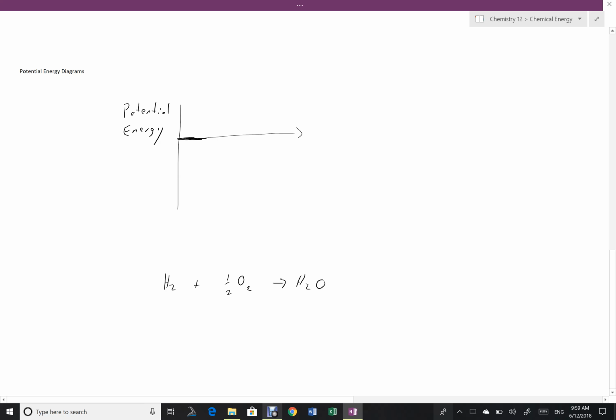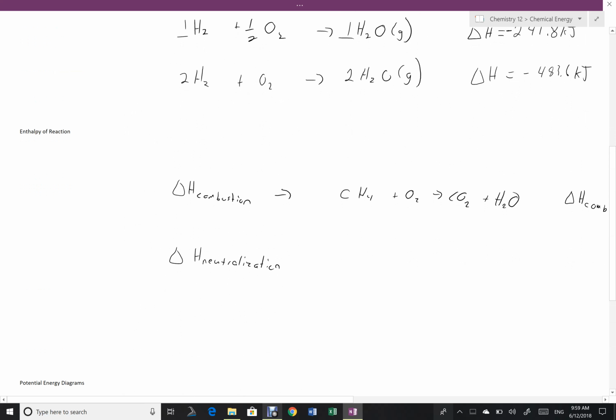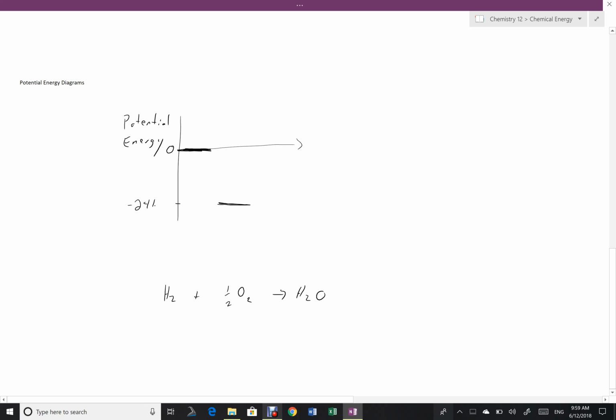Before the reaction, because I'm dealing with all elements, my potential energy would be 0. After the reaction, because I'm dealing with an exothermic reaction, I would drop to negative 241.8 kilojoules. This diagram, as it's shown, is assumed to be per mole.